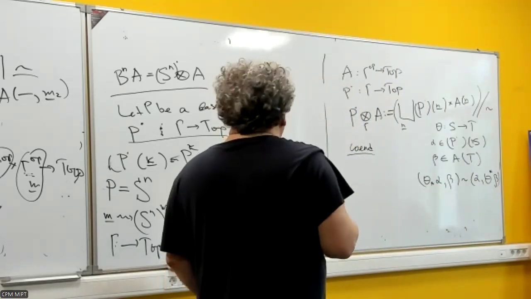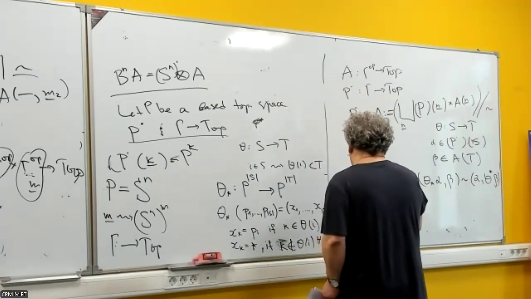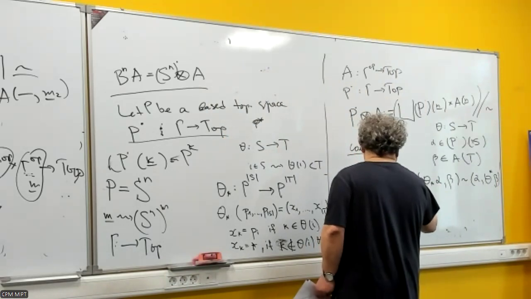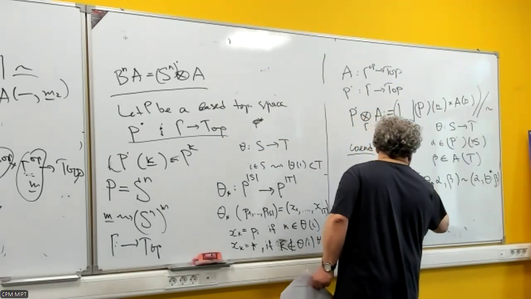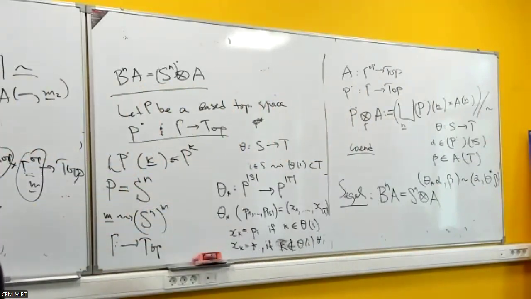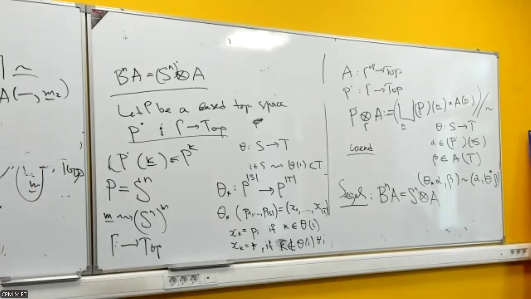Yeah, so then actually the statement of Segal is that Bn of A is Sn tensor A, for any A, in that sense. So I'm going to prove it in a rather elegant way. I have some 15 minutes, and then I think it will be enough.